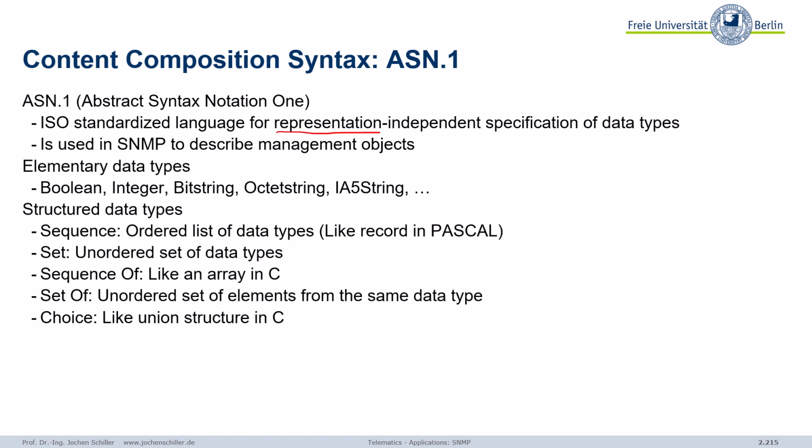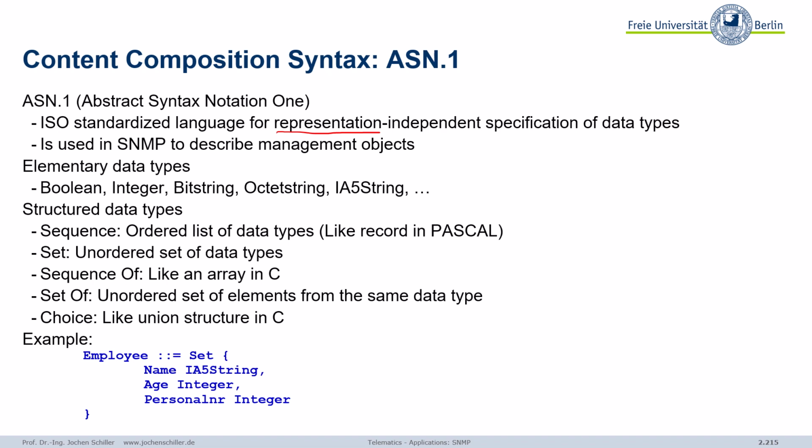And then we have some more data types like set, sequence, a choice, and so on. So that is the idea that we can then have more complex data types by combining.